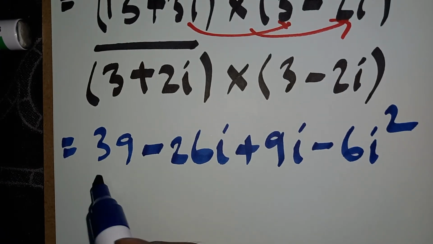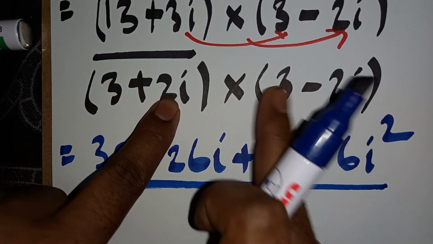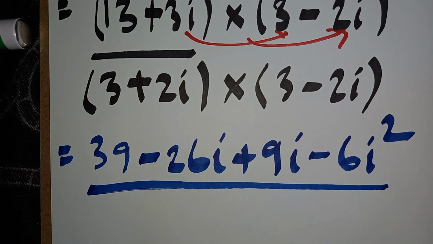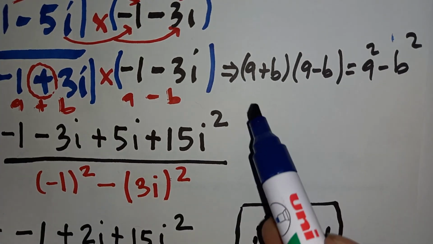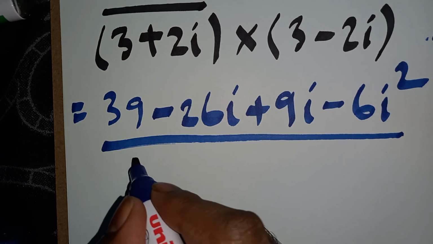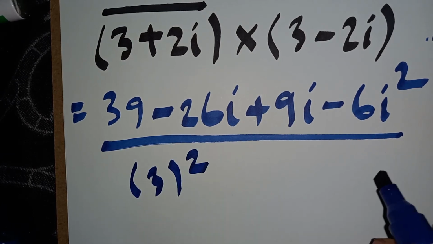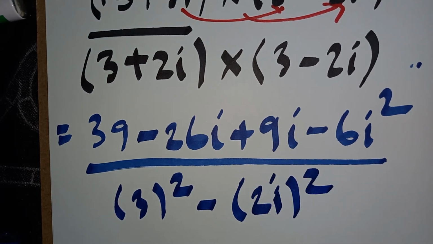Everything is divided by, again, we have a plus b, a minus b. So you know from the previous example, when you have a plus b and a minus b, that is the same as a squared minus b squared, right? So again we're going to use that rule here.